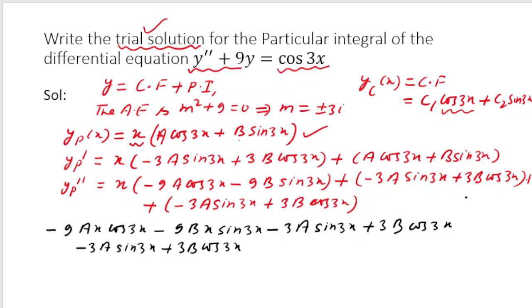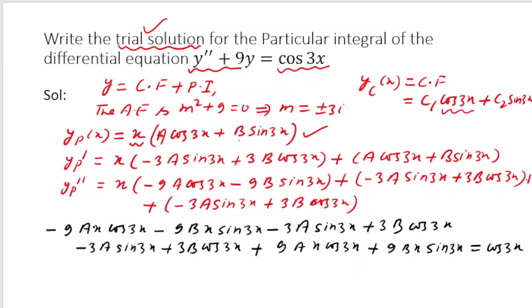Actually I could have added them because they are similar terms, but no problem. And plus 9y, so I will write 9 times this, so 9ax cos 3x and plus 9bx sin 3x, and that is equal to cos 3x.